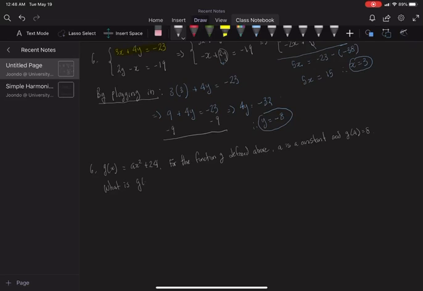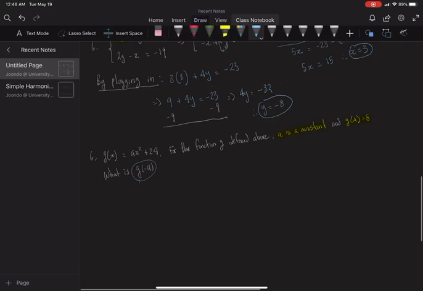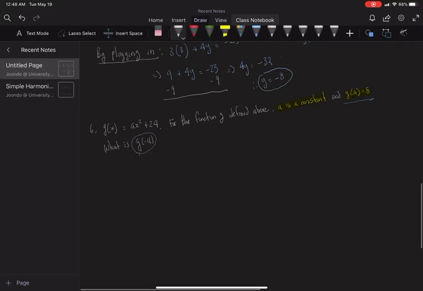What is g of minus 4? Okay, so we're given that a is a constant, right? We know that g of 4 is 8, and we have to find what g of minus 4 is, right? So let's first utilize the information given to us. So if you use this information, g of 4, you plug in 4 to all x.